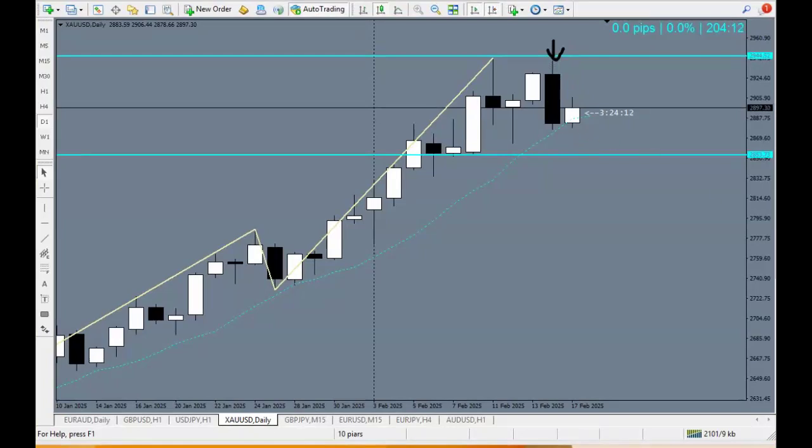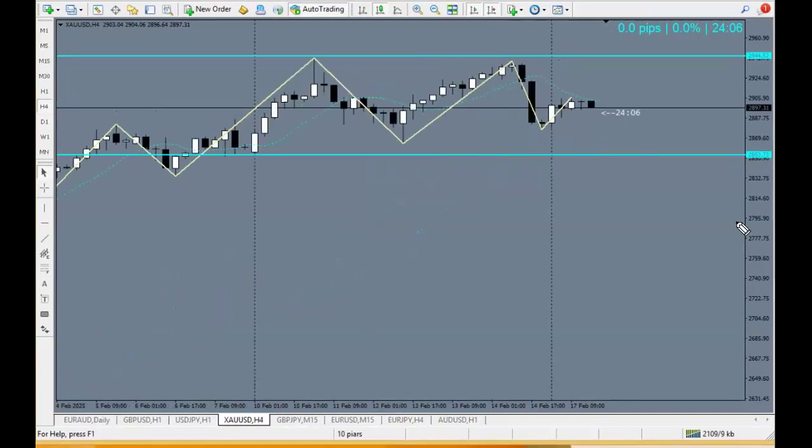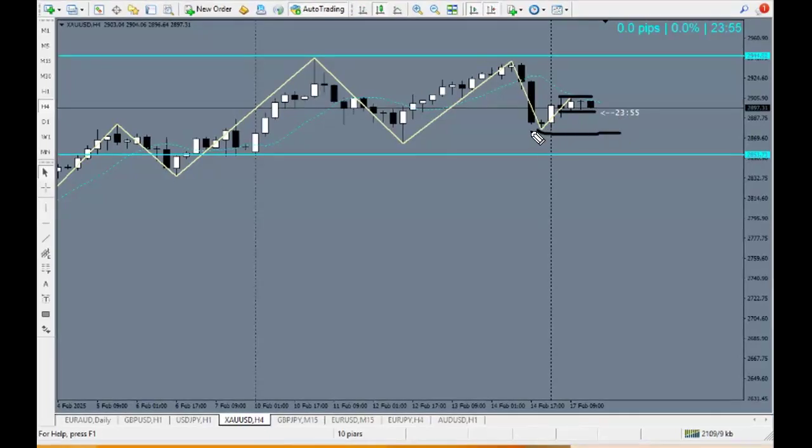Okay. So all I'll then look for is to go to my 4-hour chart, given that price has done that, and I can see that price is currently struggling in this particular zone. If I'm entering a sell, my first take profit will be the previous low, right here.